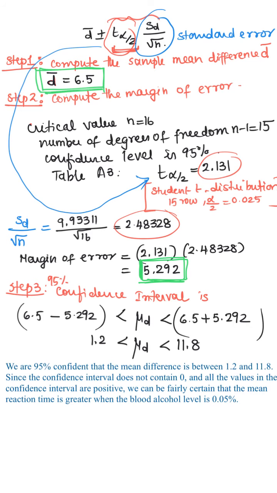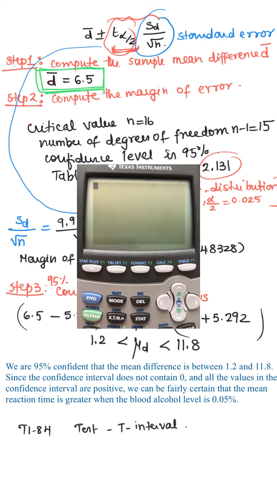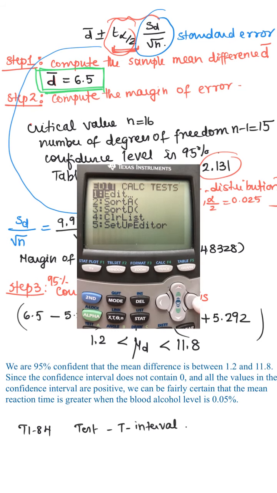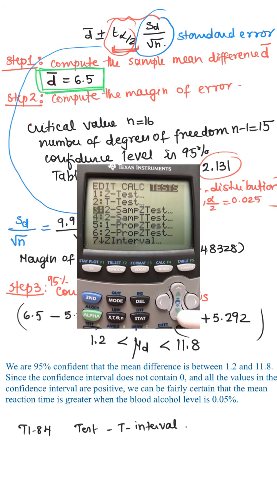If you are using TI-84 calculator, use the T interval. First press Stat, Edit, then enter all the data in the difference. Then press Stat, Test, use the arrow key and select T interval and press enter.